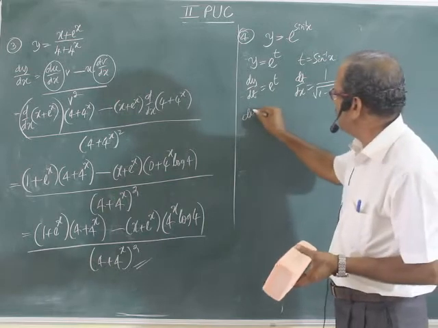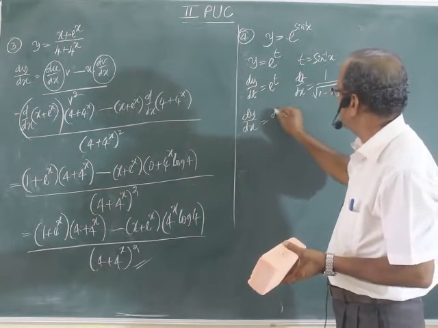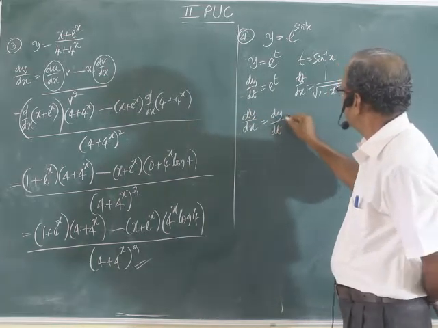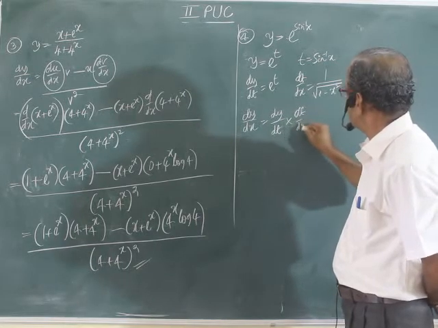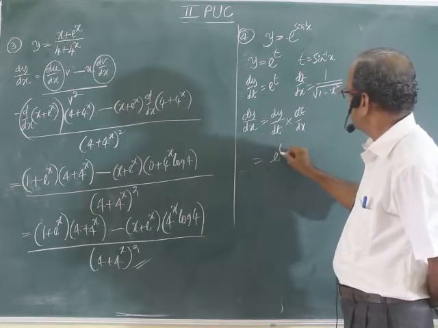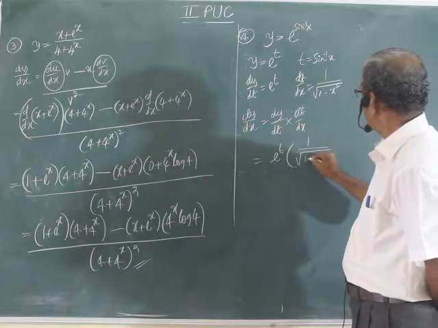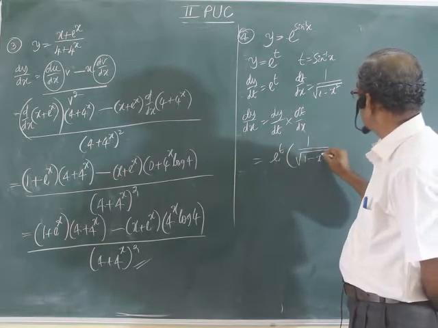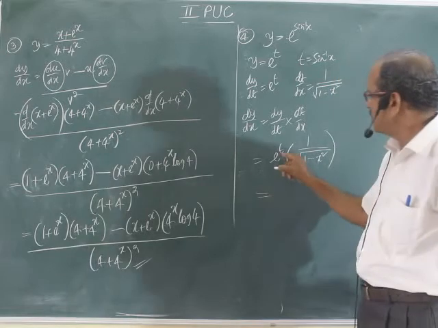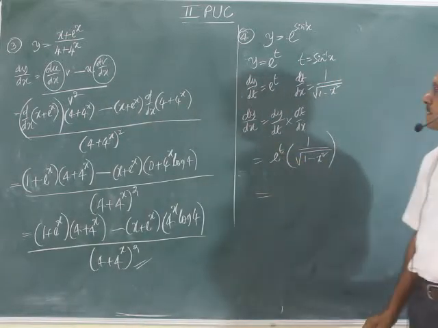Chain rule formula is dy by dx equal to dy by dt into dt by dx. Answer is e to the power t into 1 by root of 1 minus x square. Final answer, t should be replaced by x.